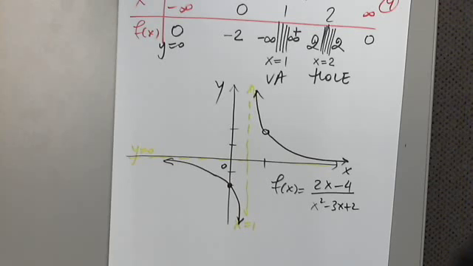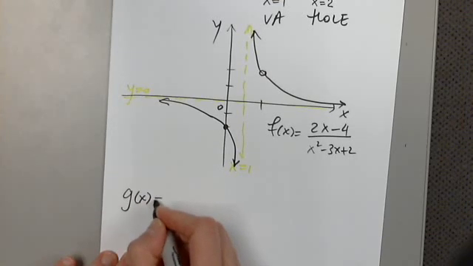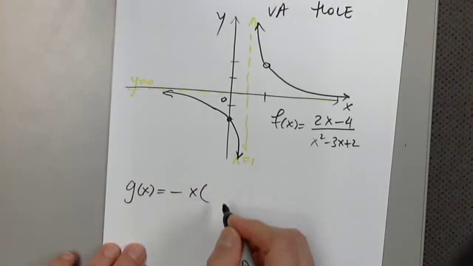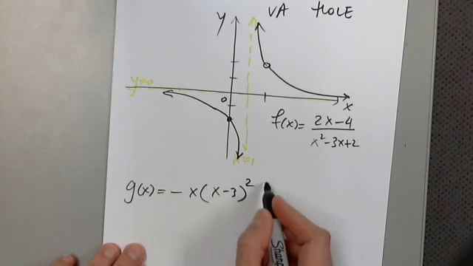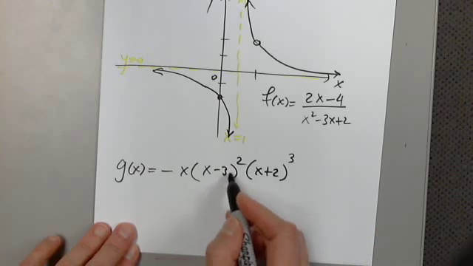Any questions? Any questions? Now, what type of function is g? You correctly identified the previous one as a rational. What type of function is g? Cubic.